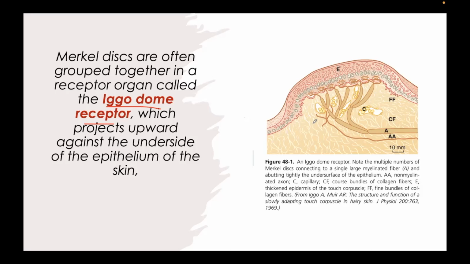They project upwards like what you see here, on the underside of the epithelium. The letter E here is the epithelium of the skin. So when the Merkels are grouped together, we call them the ego dome receptors.